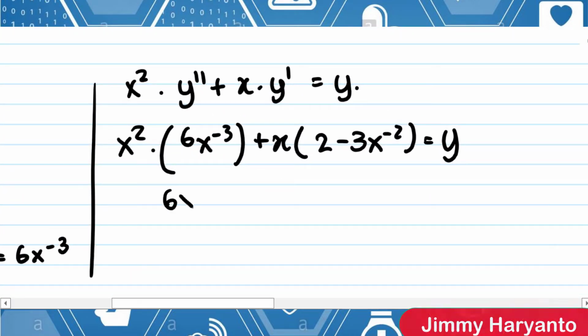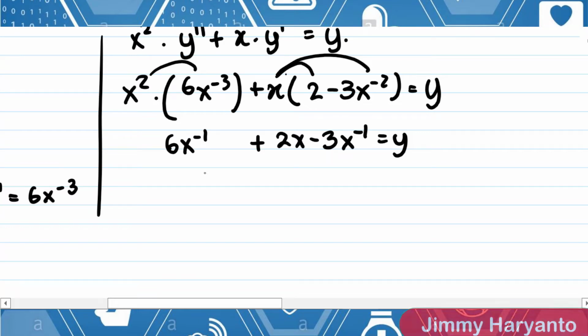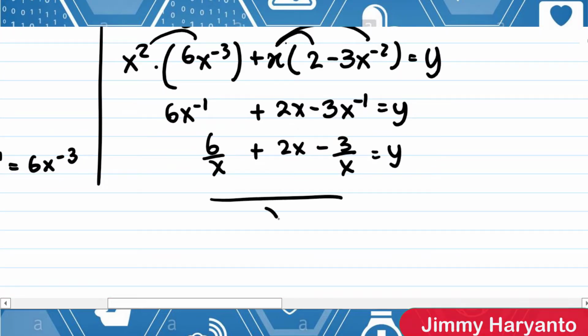So the next is 6x to the power of negative 1 plus 2x minus 3x to the power of negative 1 equals y. Let's simplify it. 6 over x plus 2x minus 3 over x equals y. So let's make the denominator equal. (6 plus 2x squared minus 3) over x equals y.